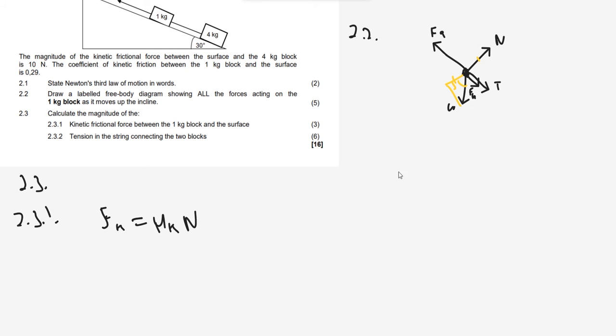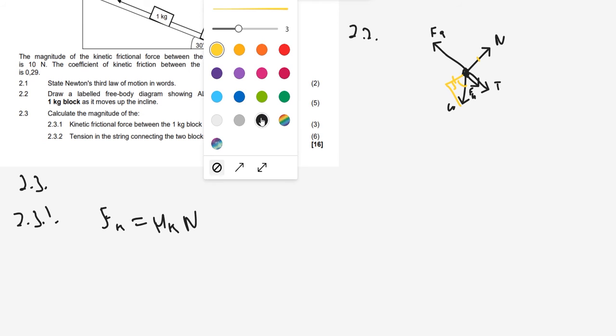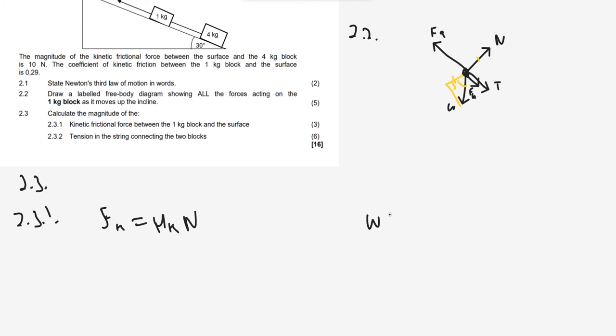And for our weight perpendicular, remember our trig ratio says this is our hypotenuse, so adjacent over hypotenuse is equal to cos 30 degrees. Weight perpendicular is equal to weight times cos 30 degrees, and our weight is mg cos 30 degrees.